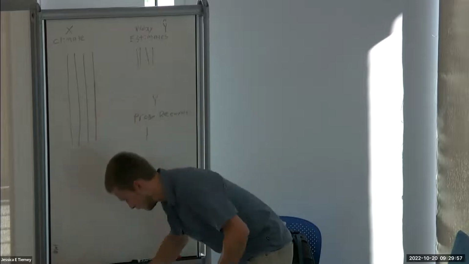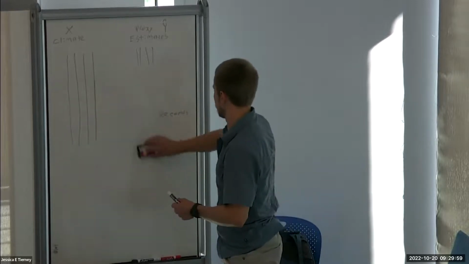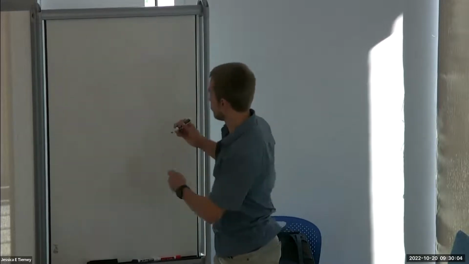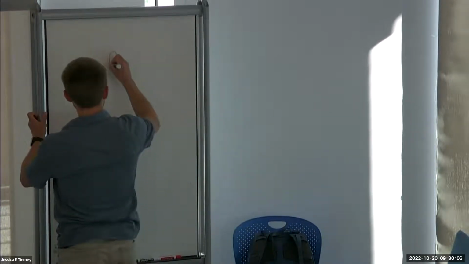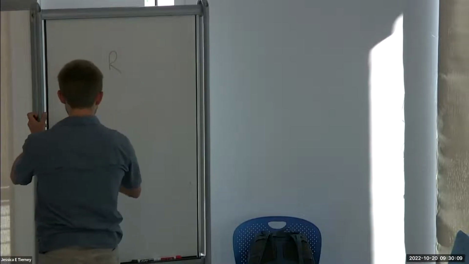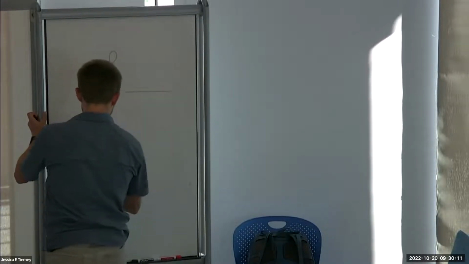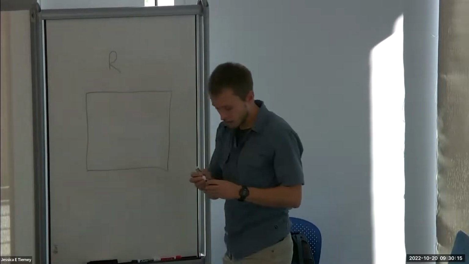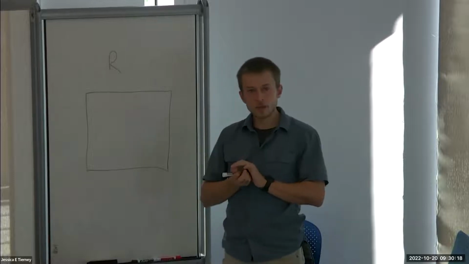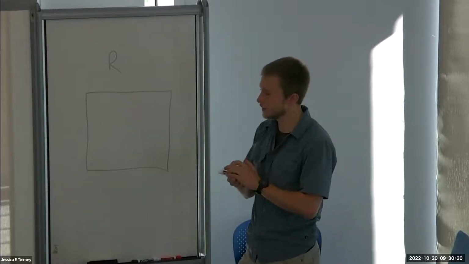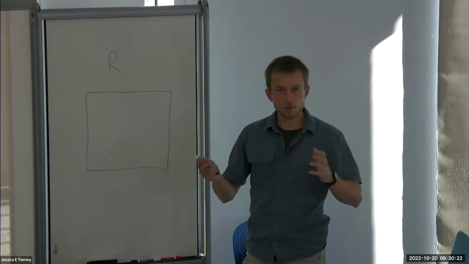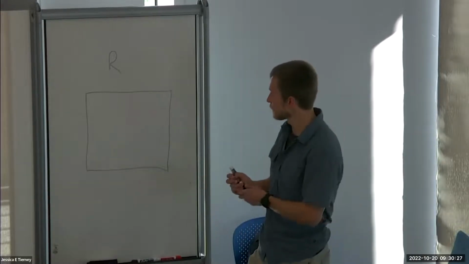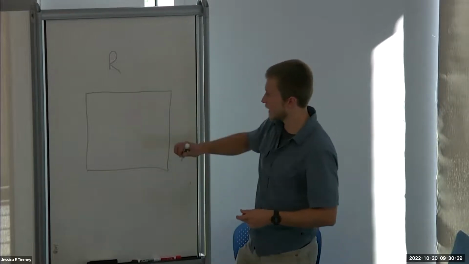Might go ahead and erase this. So if we have our R, this is going to be some square matrix. And in a lot of approaches, we'll make the assumption or the approximation that the error in one proxy is probably independent of the errors in all the other proxies. And so when this is the case, R is a diagonal matrix.